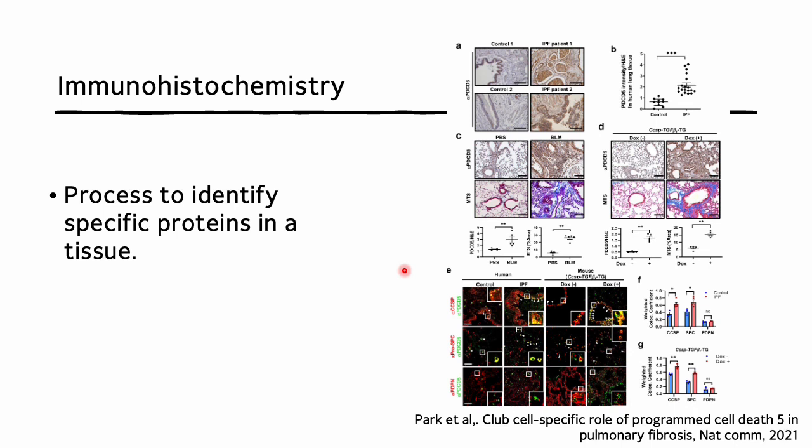We make a paraffin block, or you can make a cryo block, depending on the staining you want to do. But in most cases, you get the paraffin block back with the tissue. You can also get slides. This is basically the same as the paraffin block, sectioned and attached to the slide.